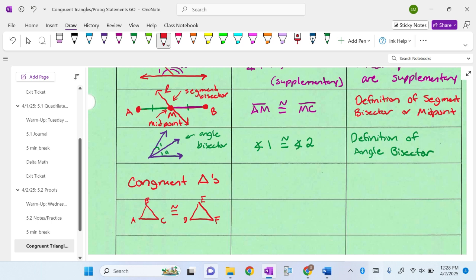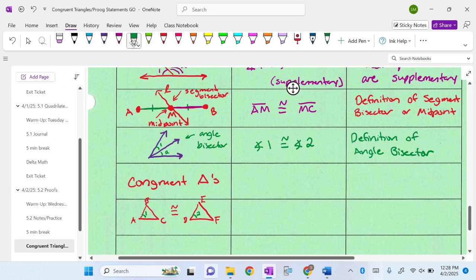We already proved that those two triangles are congruent for some reason. That means if I were to pick any angle, let's call this 1, this 2, any corresponding angle between the two triangles, meaning that they are in the same spot as each other, that means that angle 1 is still congruent to angle 2.